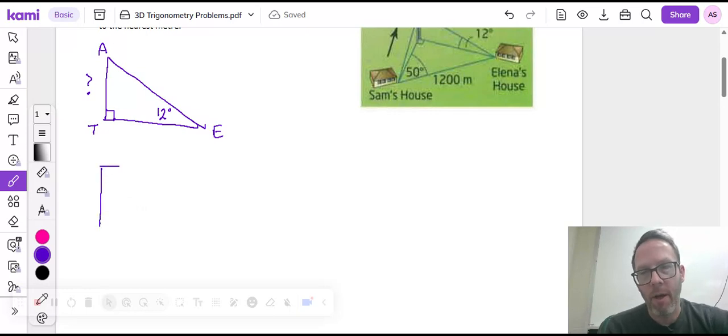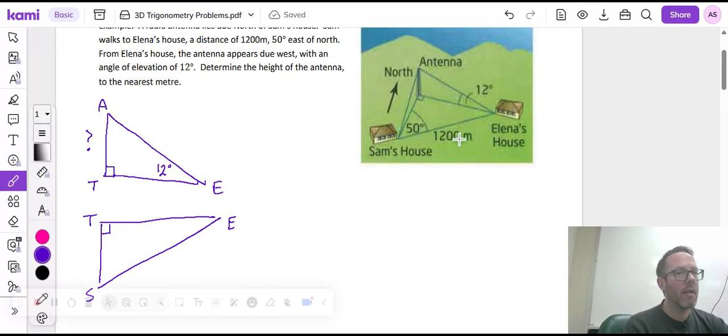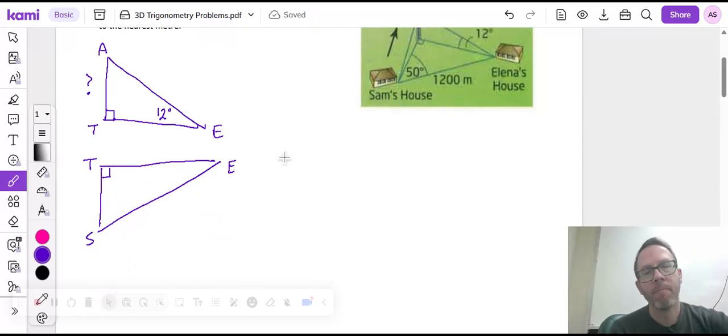Just going to set it up this way. So we have Sam's house, Alina's house, and the base of the tower forms a right angle triangle as well. Now, we know it's a right angle triangle, even if the diagram didn't tell us that, because the antenna is north of Sam's house and it is west of Alina's house. This distance is 1,200 meters.